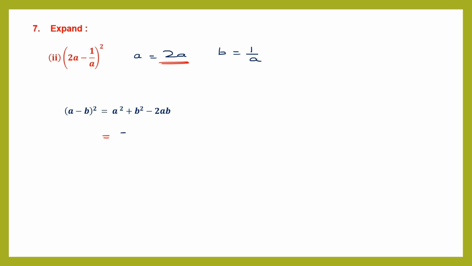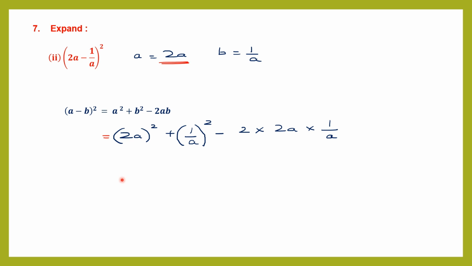So 2a the whole square, this will be a square plus b square. And what is b here? 1 by a. So let's write 1 by a, and the square of this will make it b square, minus 2ab, that is 2 into a. And what is a? 2a into b. What is b? 1 by a.